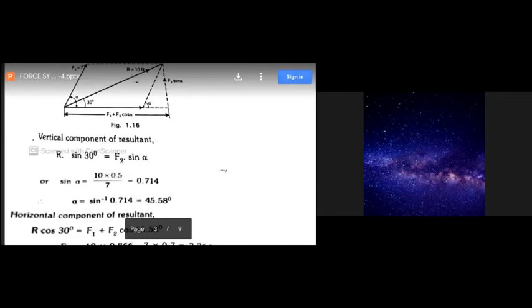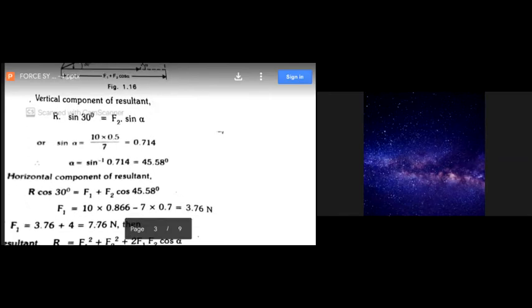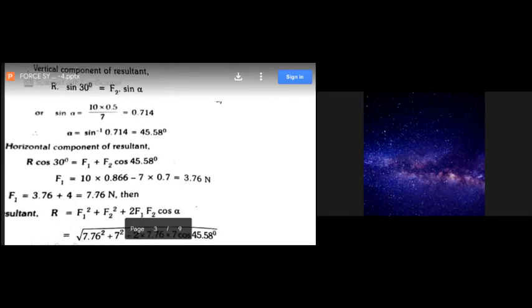So what about the horizontal component of the resultant? The horizontal component of the resultant is R cos 30. R cos 30 equals the horizontal component, so this is F1 plus F2 cos alpha. So F1 plus F2 cos alpha equals R cos 30. Here F1 is the unknown.